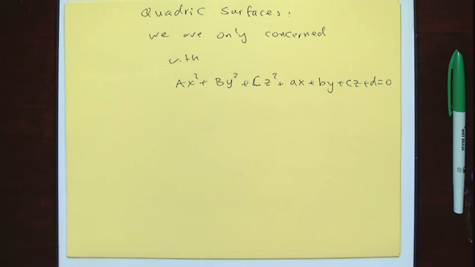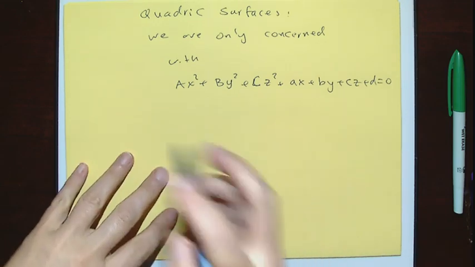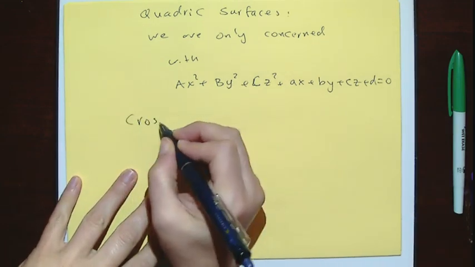Fair game? So now what I'm going to say is that I want to kind of define cross-section curves.